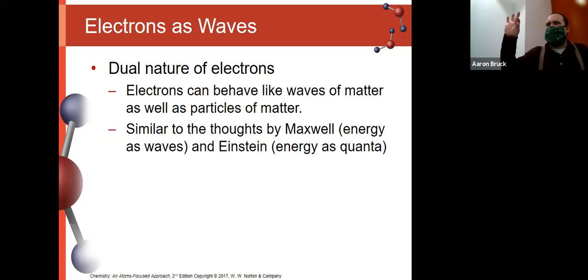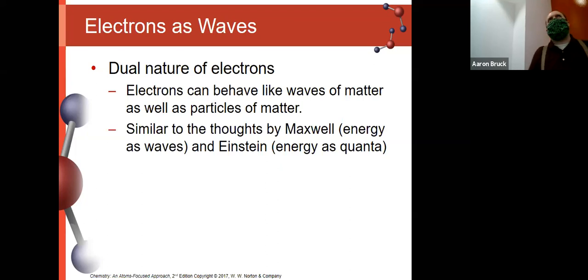They're just really, really tiny, small particles that have a very small mass and happen to have a charge. Problem is, at that particular size, and given their motion, given their position, we actually see them exhibiting wave-like behaviors as opposed to particle behaviors.